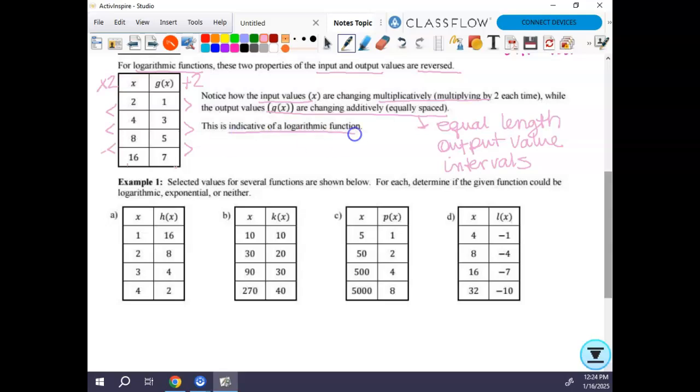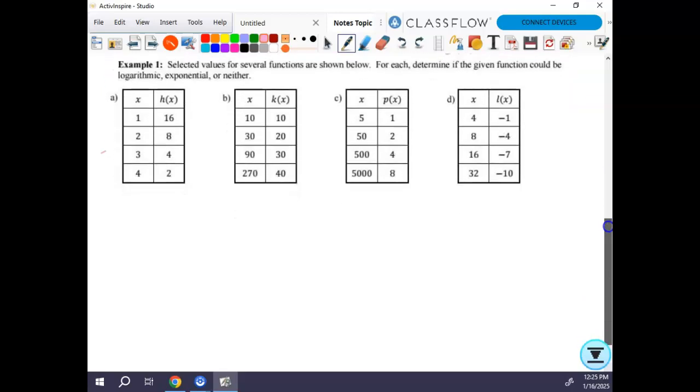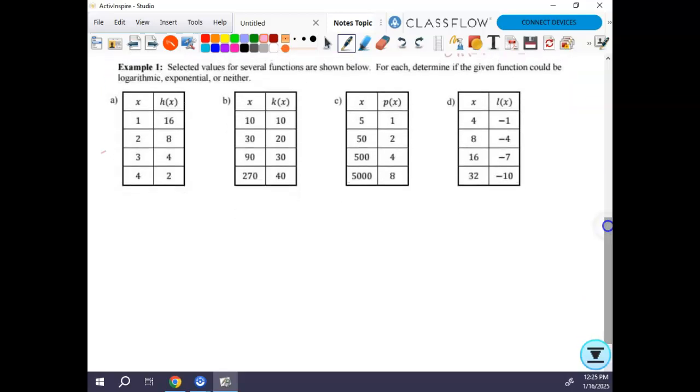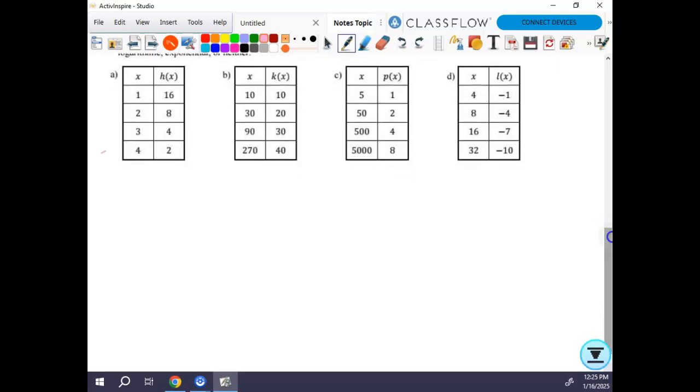That's indicative of a log function. Okay. So we know how to identify linear, quadratic, really any polynomial, because we can do the differences, and then now exponential and logs from a table. But this one is just asking us to decide if it is logarithmic, exponential, or neither. So if it doesn't fit one of those 2, then our answer is just going to be neither here.